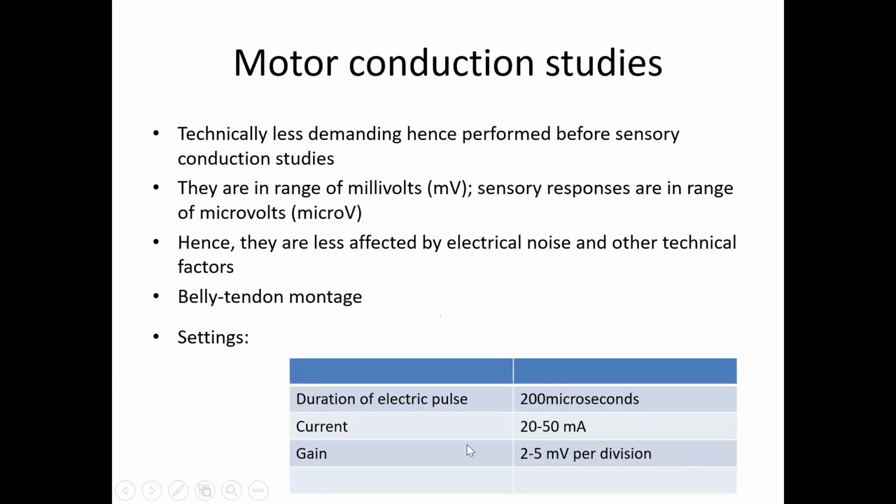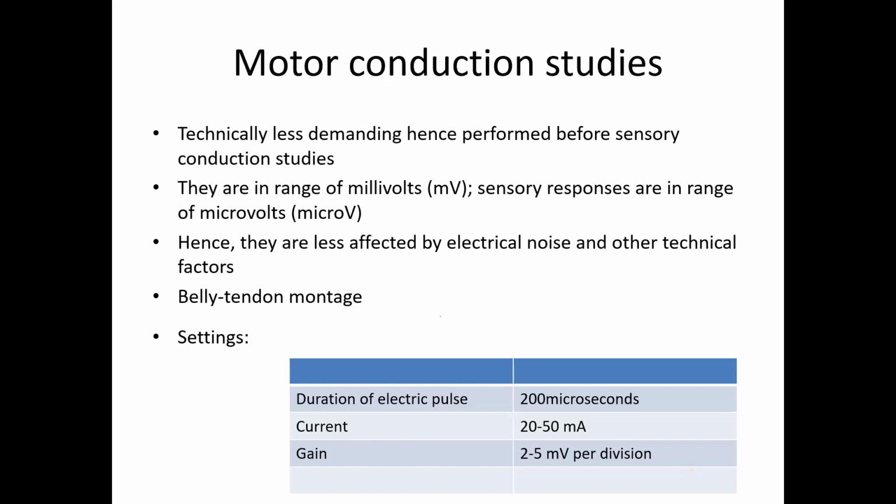How much duration you use for the motor and how much for the sensory should also be clear. Usually it is 200 for the motor and 100 for the sensory, and current is 50 milliamperes for the motor and less than 30 milliamperes for the SNAPs.